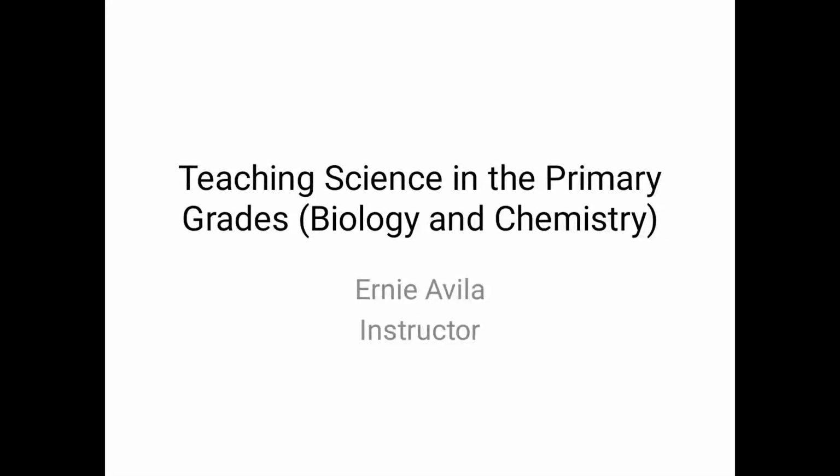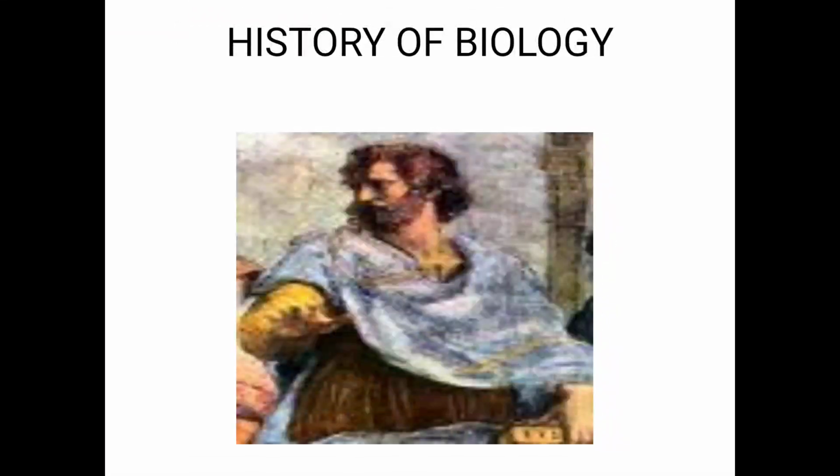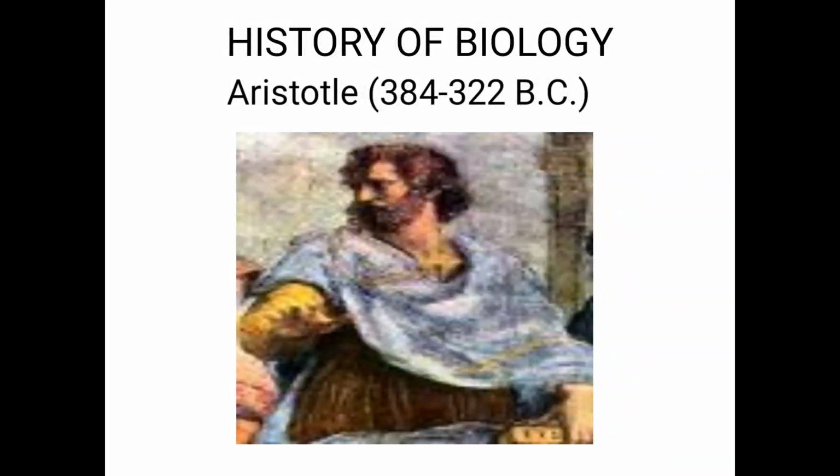All topics here are intended for you to develop the teaching competence and the knowledge on general biology and general chemistry that can be used in teaching grades 4, 5, and 6 biology subjects. To start with, we will be talking about the history of biology first.